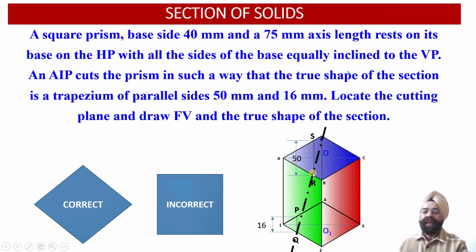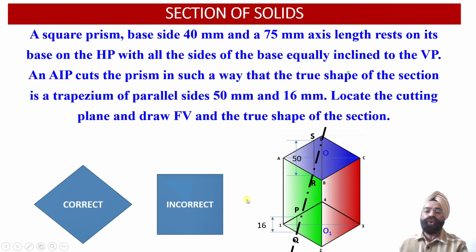And another thing we must also observe in this case, we are going to obtain trapezium true shape projections for this cut section only when the cutting plane cuts the square prism on one side of the axis. That is, if this is the axis, then on either this side or this side, the cutting plane should have all 4 points of intersection lying on one side of the axis.